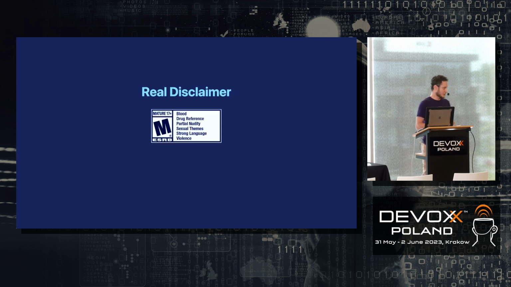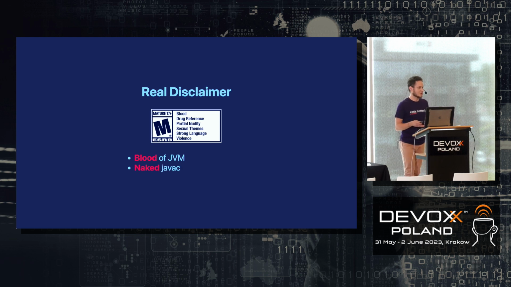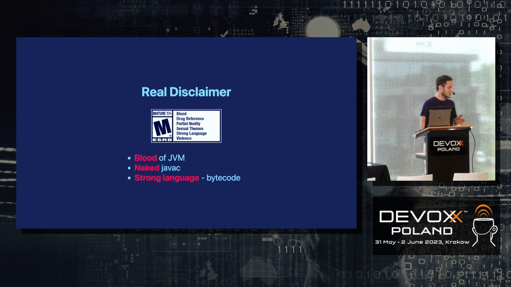And here is a real disclaimer. I hope you had a great lunch. Did you? I hope you're not going to fall asleep. My goal will be to show you a little bit of the guts of the JVM. I will show you the naked Java compiler. We are not going to use an IDE today. We're going to use the command line and call the Java compiler directly from the command line. We're going to use strong language.